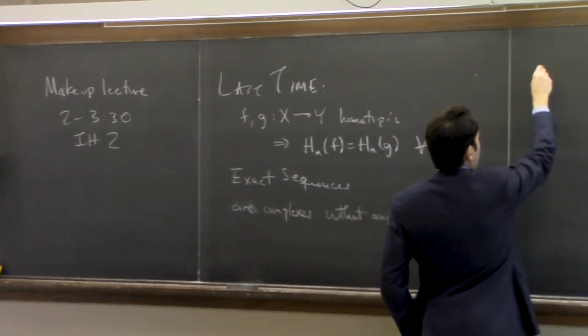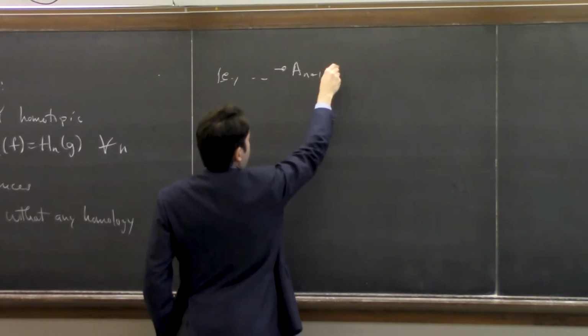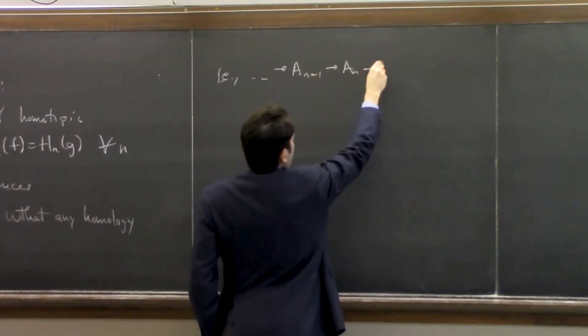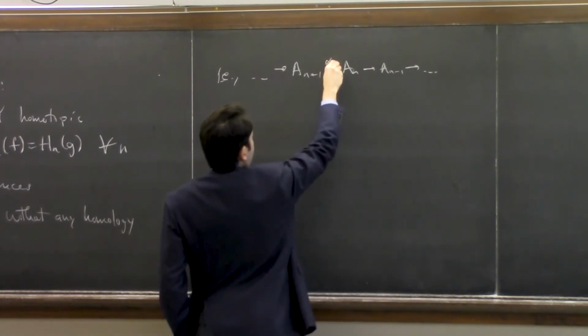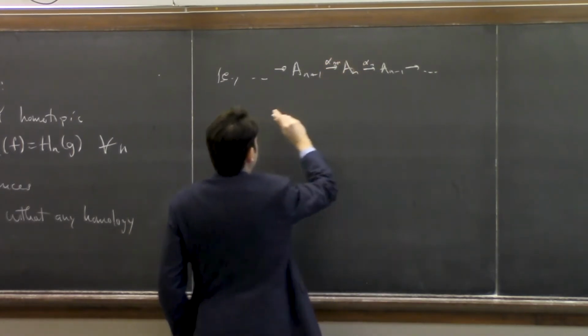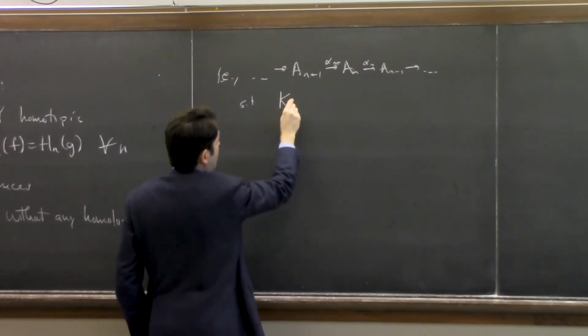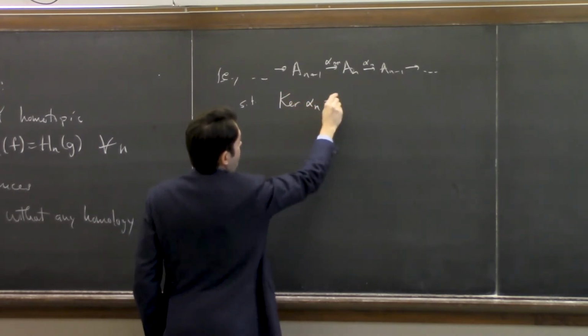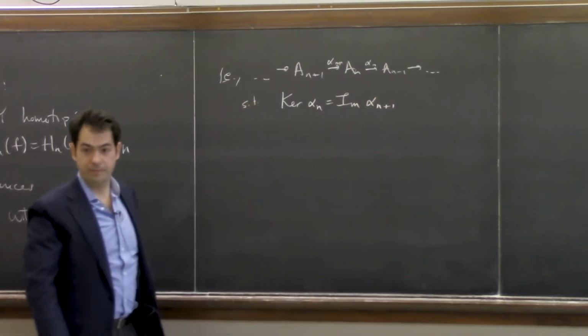Another way of saying that is that you have a sequence of abelian groups and homomorphisms between them, but you always have that the kernel of one map is equal to the image of the map before.